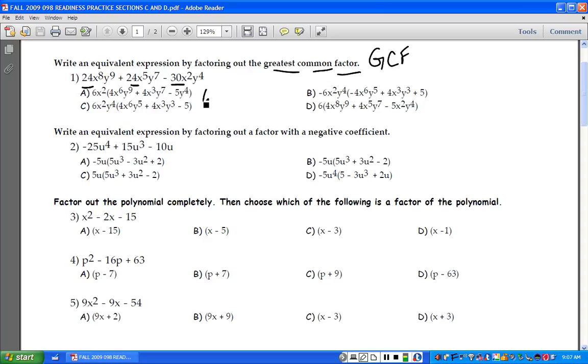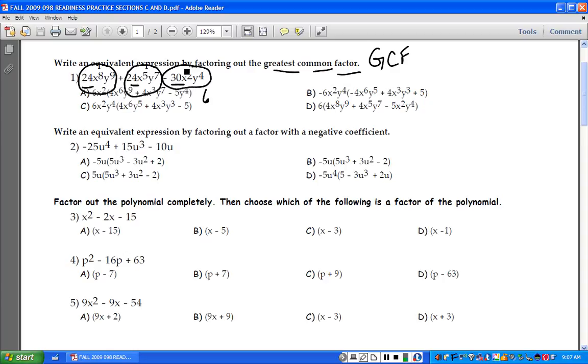Then, after you've checked the coefficients, you shift your focus to the variables. With the variables, what you want to do is see if that variable is located in each term of the polynomial. This particular polynomial has 3 terms: 1, 2, 3.